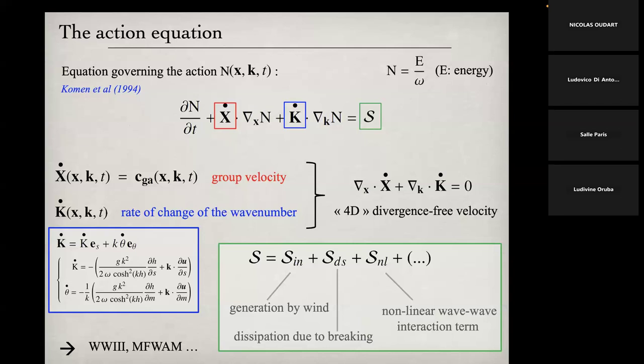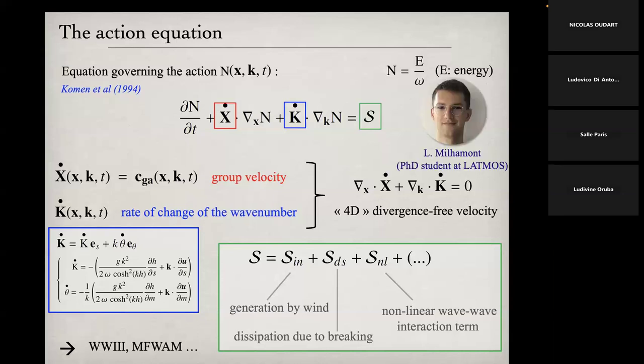On the right of the equation, you have the source terms, which model physical processes, like, for instance, the generation of waves by wind, the dissipation of energy due to wave breaking, and the nonlinear interaction between the different waves. And so the wave forecasting models are all based on this action equation.